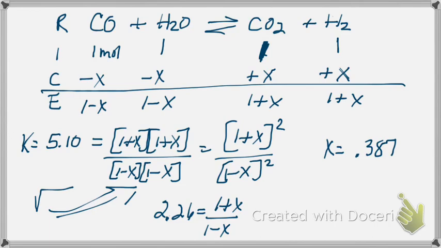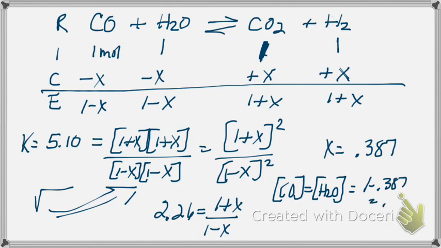I was kidding. So now your concentration at equilibrium of CO is going to be equal to your H2O concentration. So we would take one minus X, right, is how much? 0.387.